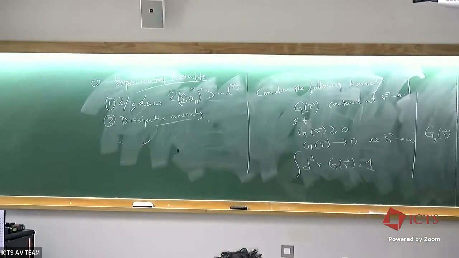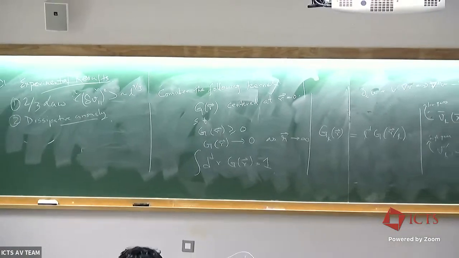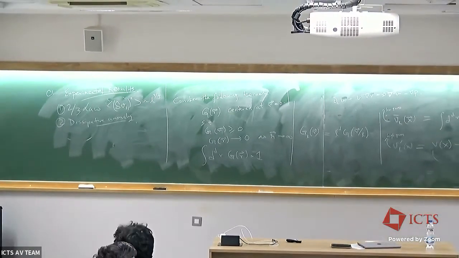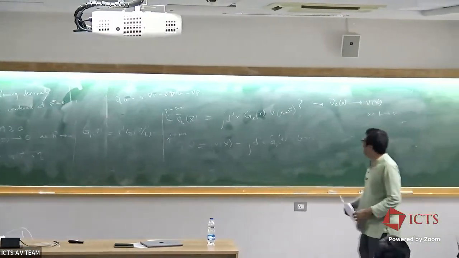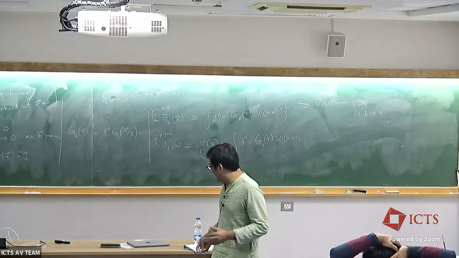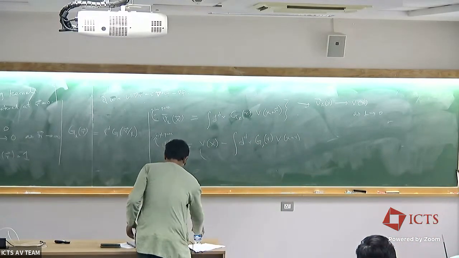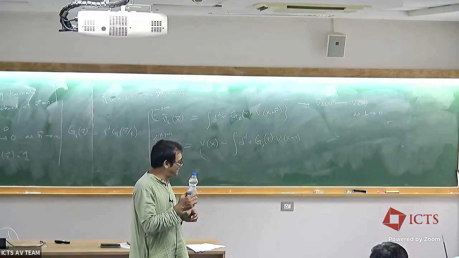What is v of x plus r doing? Good question. So the answer to that question is the following. The guys can see me, right? Whoever is the online person.